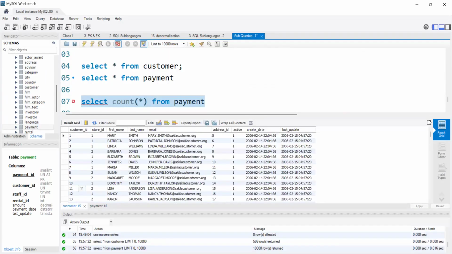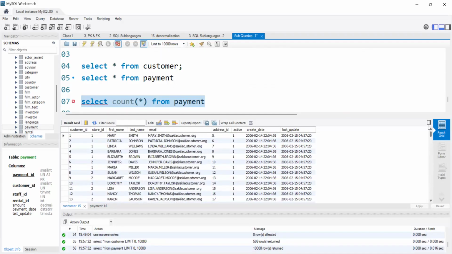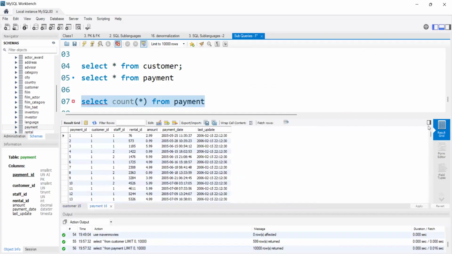If I say count star from customer table, it will just count each and every row and display how many rows I have, like 599 rows. Basically I'm just counting how many customers I have in this database. But that is not my question. If I use count star from payment, I'm just counting how many payments I have in my database. That is also not my question.